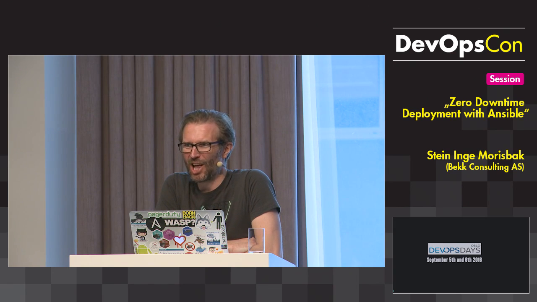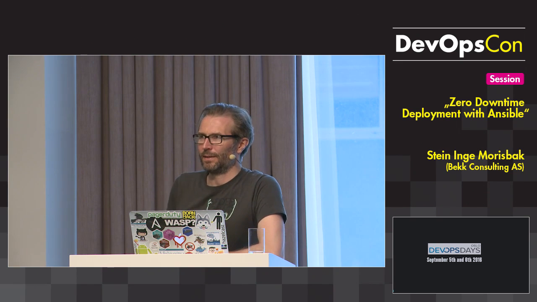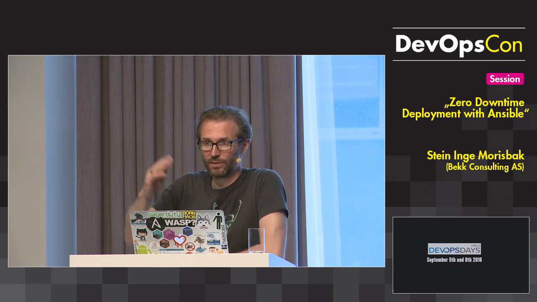So it doesn't have any logic for comparing tasks you run and seeing if you're doing things twice in a different way or something like that. But it has a dry run mode where you can see what it would do. But that, unfortunately, doesn't work with the command and shell. So that will always run even if you run in dry run mode.